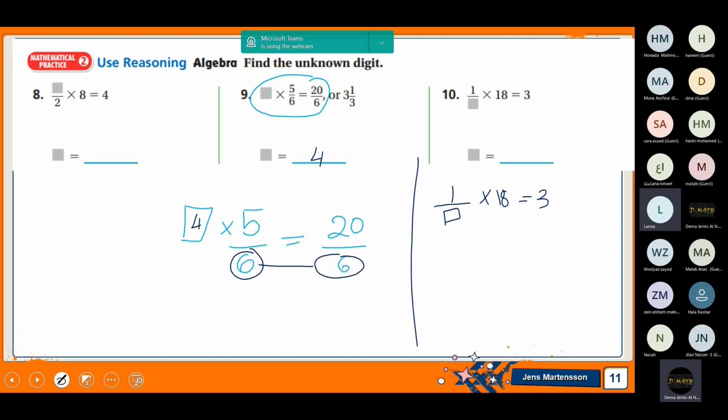So 18 times 1 over what? Where is the denominator here?